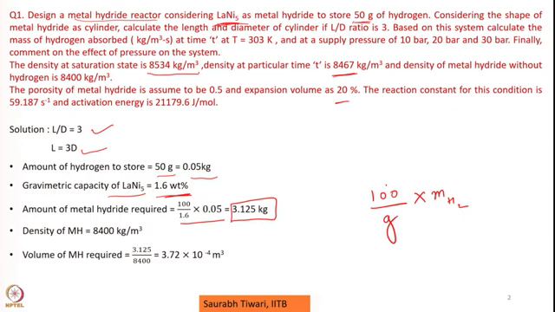Now, the density of LaNi5 is 8400, which is given here. Knowing the mass and the density of the metal hydride, we can calculate the volume of metal hydride required, which is mass upon density, giving a volume of 3.72 into 10 raised to power minus 4 meter cube.